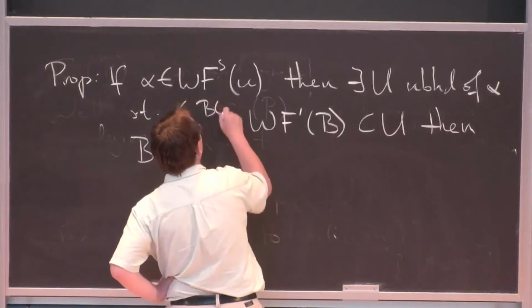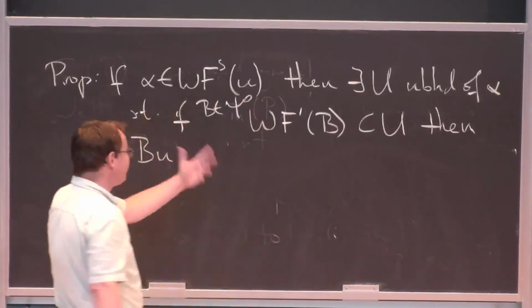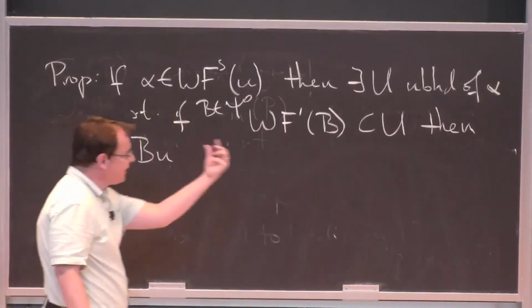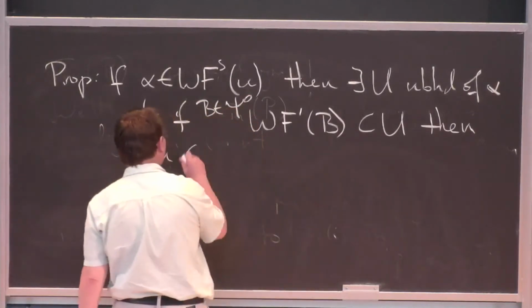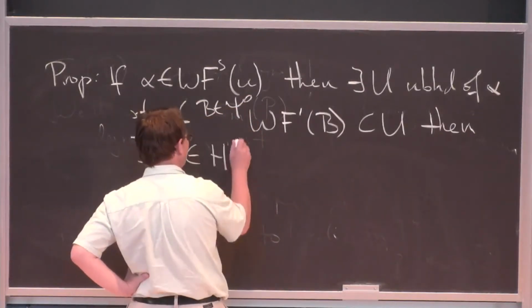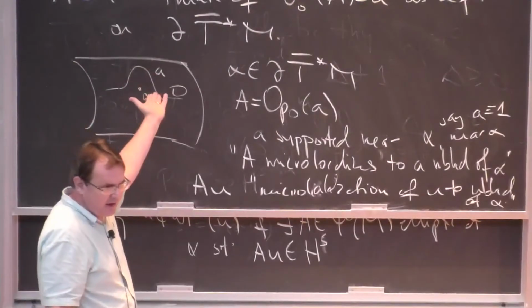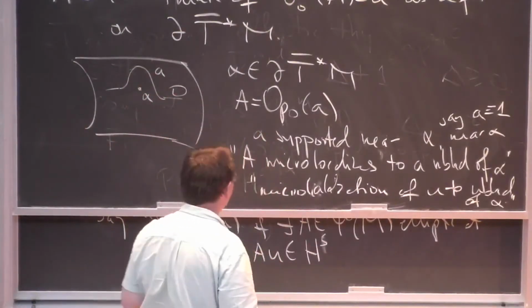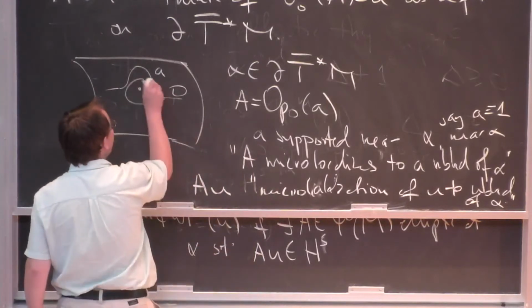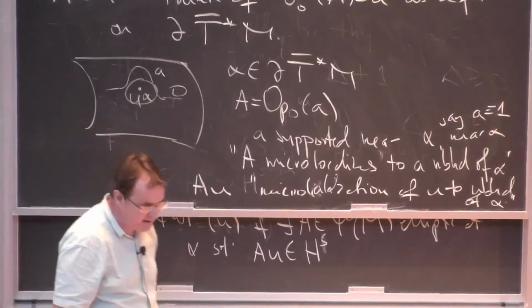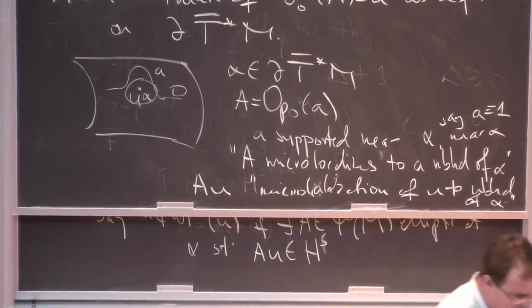And so B is such that if B is in psi 0, so I'm just thinking of localizing, taking operators of order 0 which are localized here, then BU is also in HS. So the picture here is that I have an A that's elliptic at alpha, and hence near alpha. And the statement is that there is a neighborhood of alpha, which is going to be my U. So if I take a B that's 0 outside this, that's going to be this wavefront set.